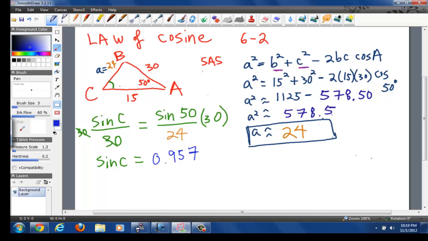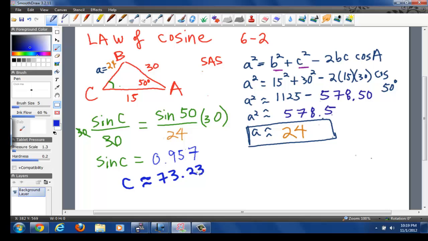When we look at that, we've got sine of C equal to 0.9575. So C is approximately 73.23.